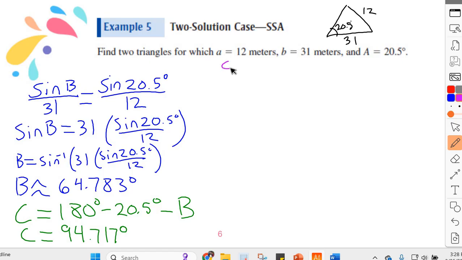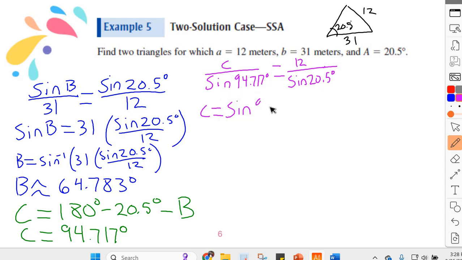Little c. So again, we have little c divided by, we just found our big C, so sine of 94.717, over our, we can go ahead and use A, so 12 over sine of 20.5. Process is going to be the same. We're going to multiply.